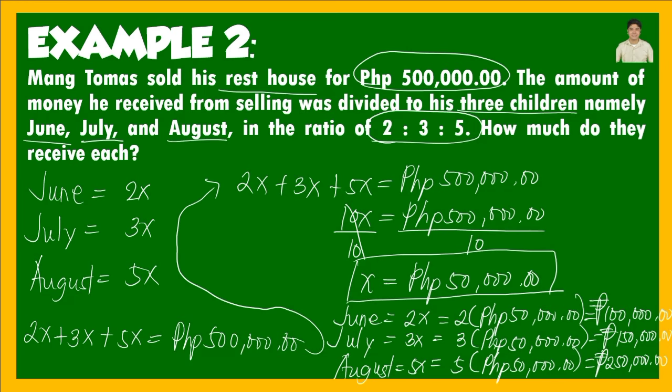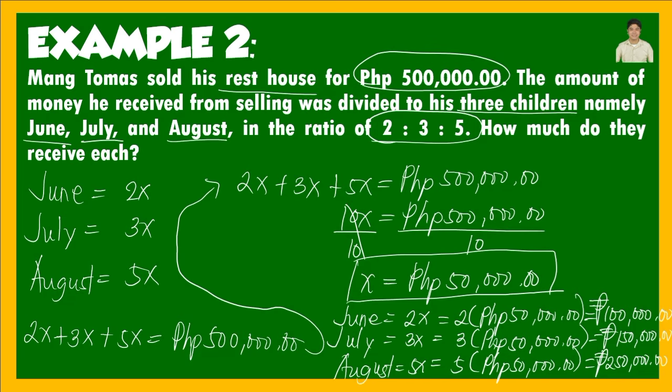And then to check if our answer is correct, so yung 100,000, 150,000, tsaka yung 250,000, i-add lang po natin yung tatlo na yan. And then kailangan ang makuha po nating sum is yung 500,000 pesos. Kapag hindi natin nakuha yon, hindi equal yung nakuha nating sum, ibig sabihin mali po yung value ng x o kaya naman yung pagka-multiply natin dun sa checking.